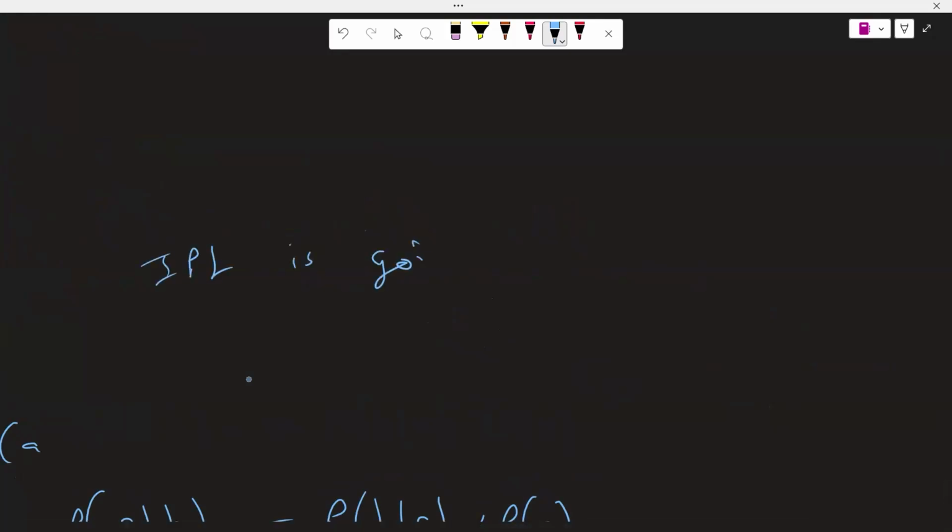IPL is going on, right? What we will find out is, after following the sentence, what is the probability of going from one word to the other? So let's say if I have reached on, what are the different options? Let's say the first option is on, let's say Hotstar.